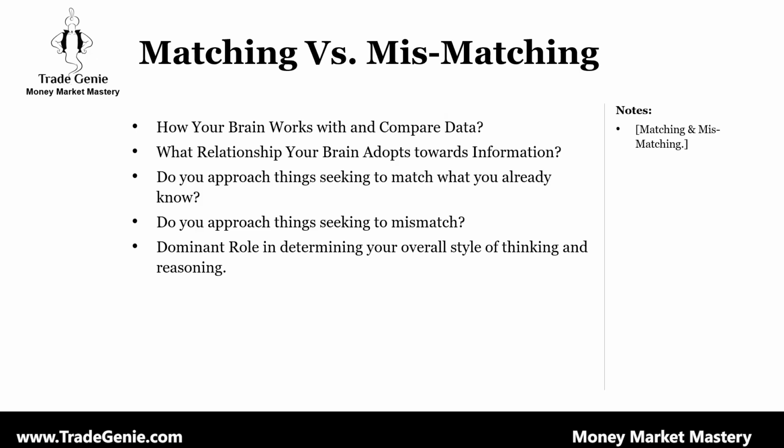It will be clear to you by the end of this teaching. How does your brain work with and compare data? If there are 5 pieces of information there, how do you evaluate that data? Are you matching or mismatching? What relationship does your brain adopt towards information?